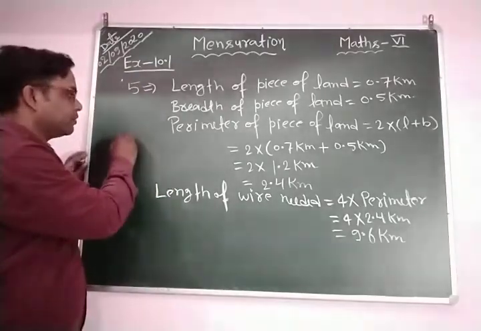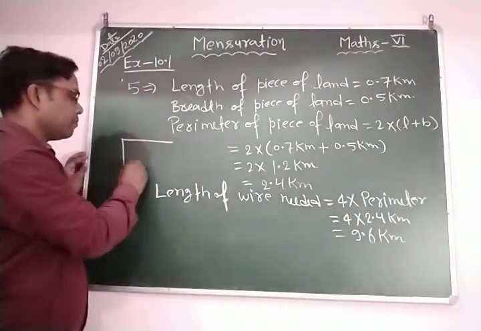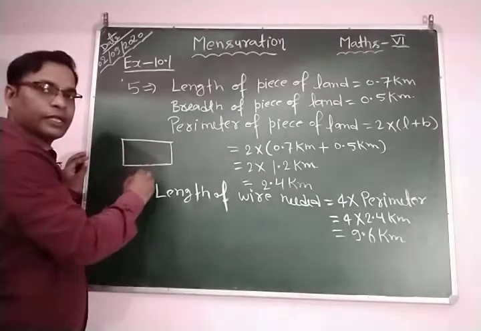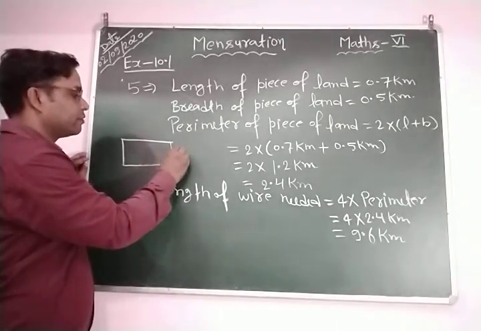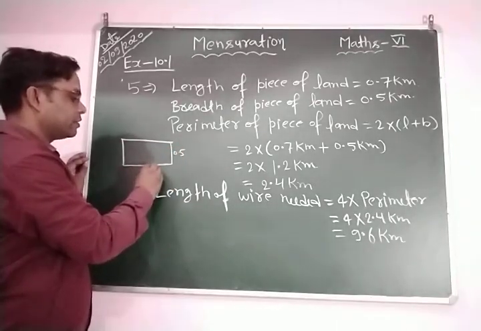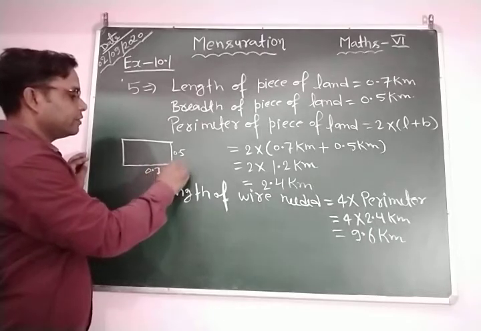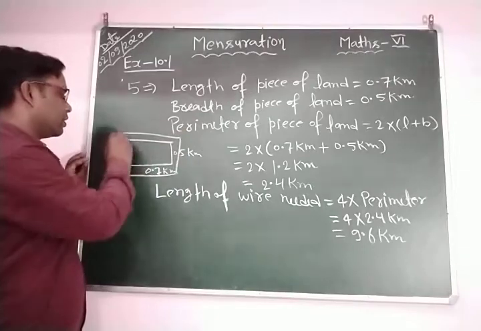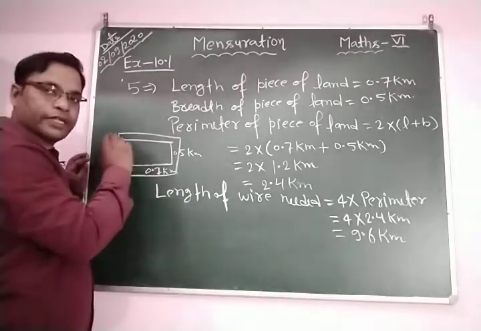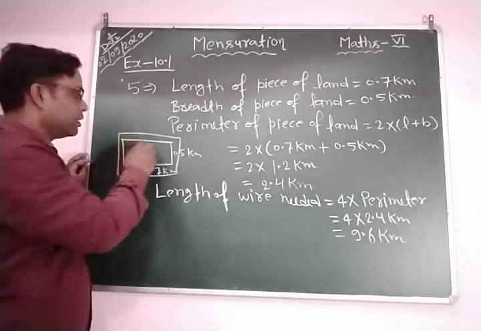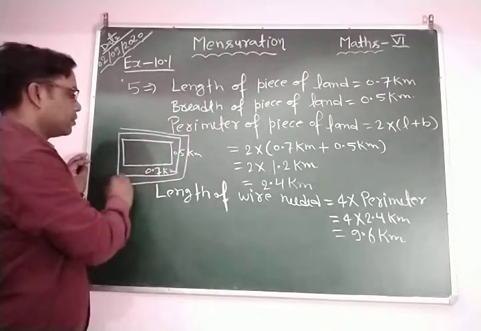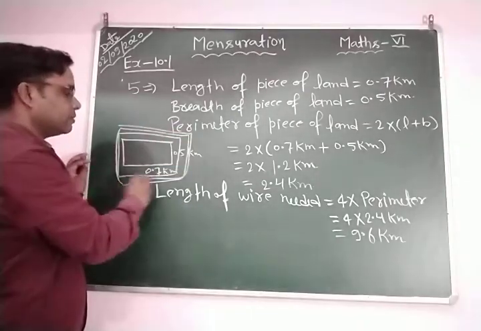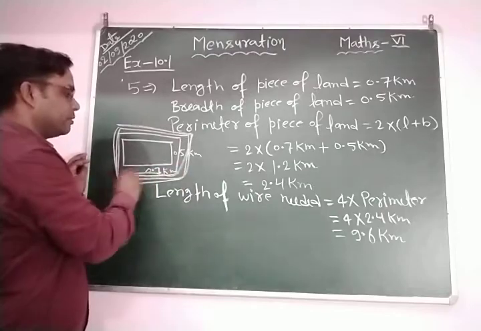Suppose this is your piece of land, 0.5 and 0.7 kilometer, and this is 1 row, 1 time fencing by wire, again 2 times, again 3 times, again 4 times.